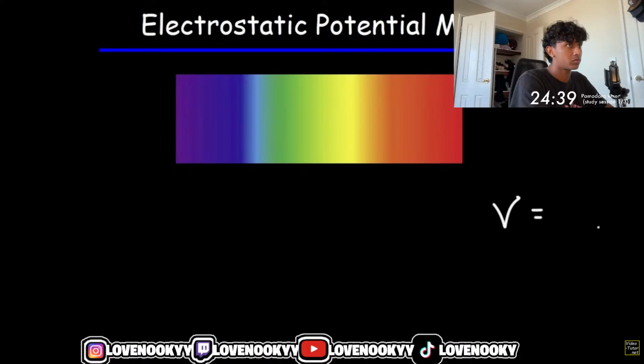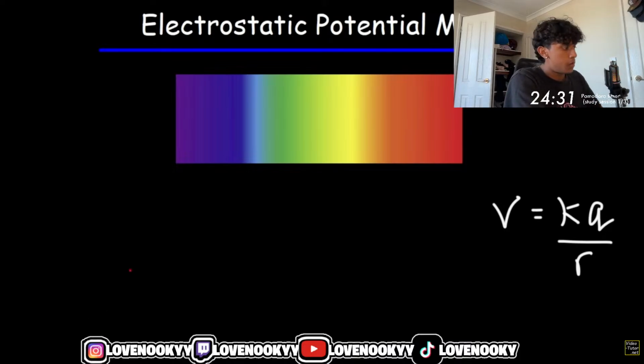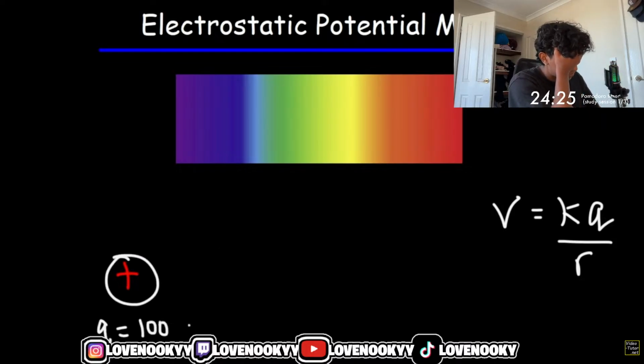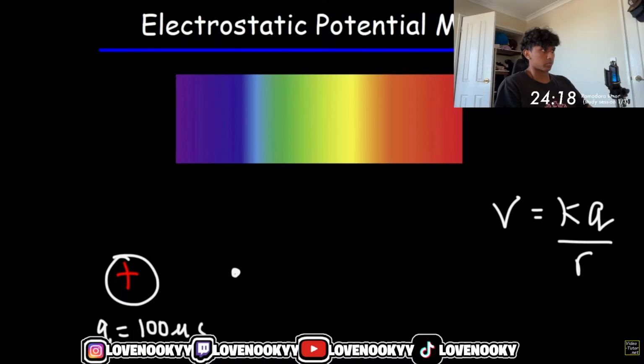In physics, the electric potential of a charge is dependent on the electric charge. So let's say you have a positive charge with a Q value of 100 microcoulombs, at a distance of 1 meter away from that charge.